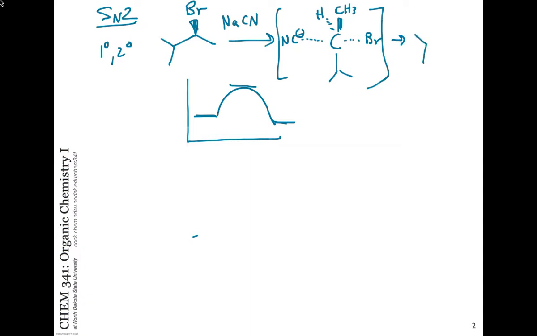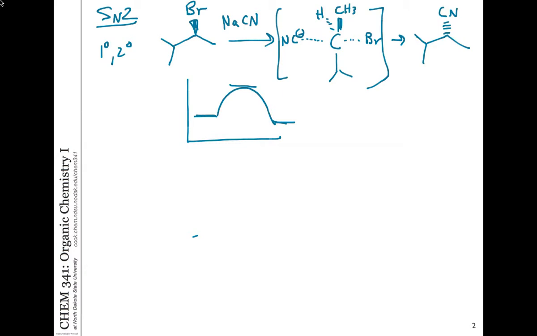So if I draw the product, the cyanide will be down. Okay, SN2, complete control or 100% inversion of the stereocenter. So the starting stereochemistry leads to the product stereochemistry, inversion.